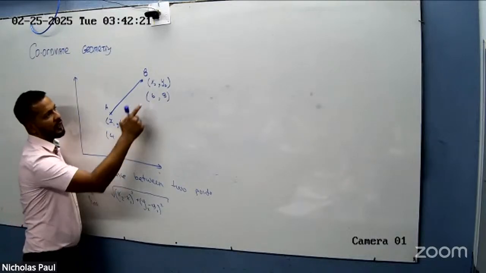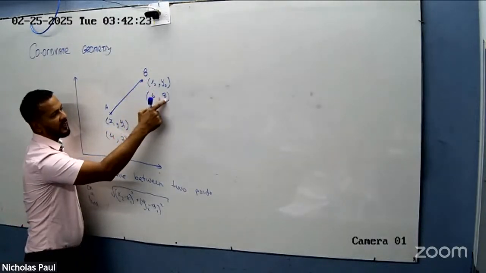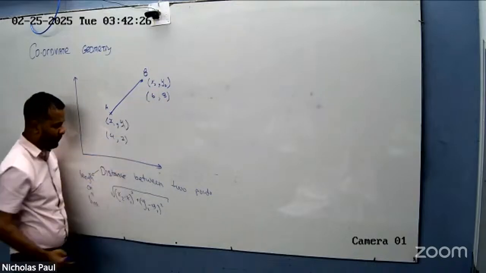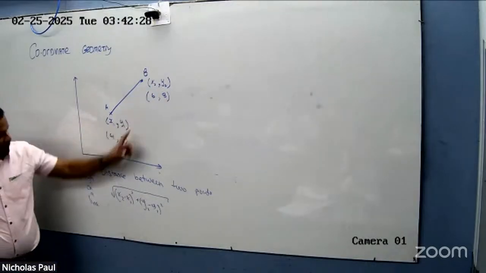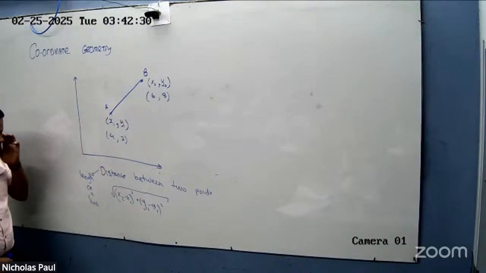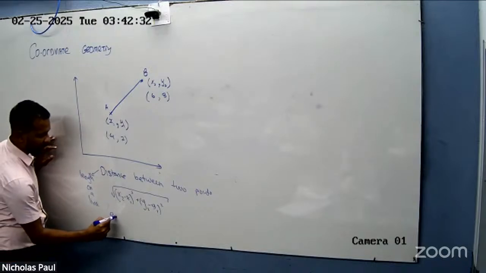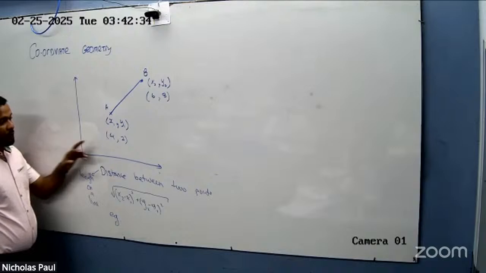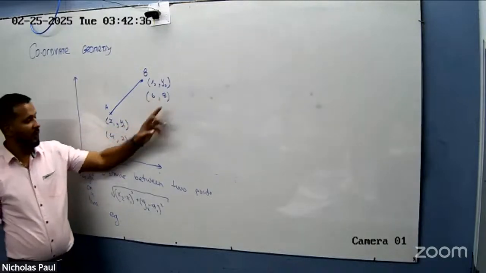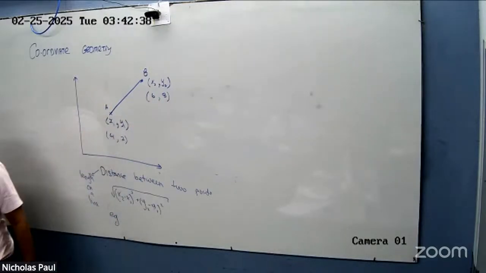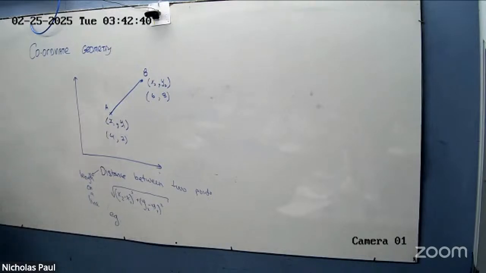And we're using B as 6,8, which is also x2 and y2. So I want you to plug in these values here and find it, right? Tell me what you get. Use these values and find the length of that line, or the distance between A and B. Use the values 4 and 2 and 6 and 8.